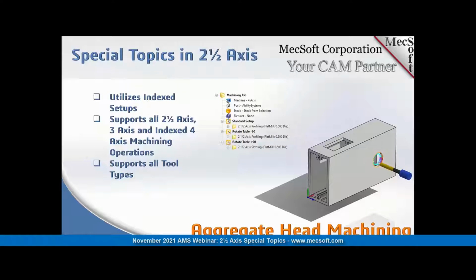If you can imagine a millwork door sitting on your table and you want to cut, say, the hinge pockets or the lock pockets, you can put the aggregate head on, come in and attack that from the side, and mill those out very easily. So it utilizes indexed setups. It's just standard index machining, and Joe is going to go over that.